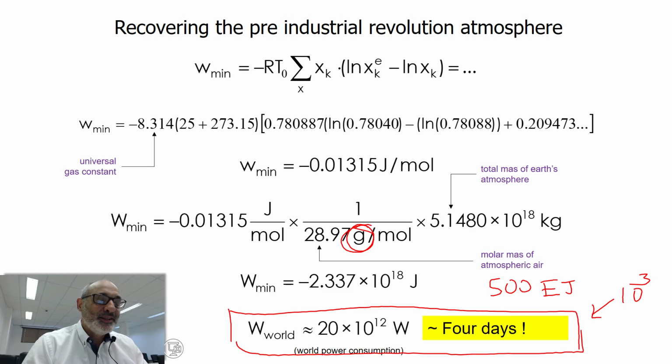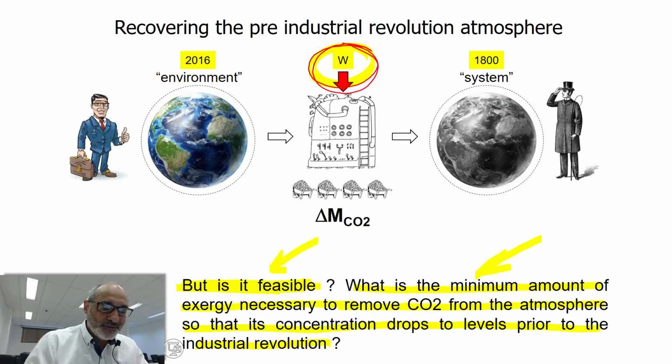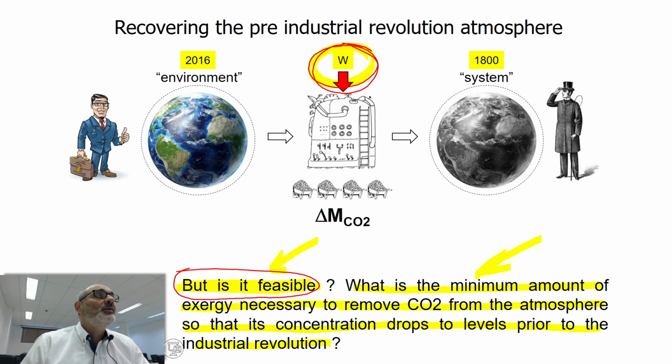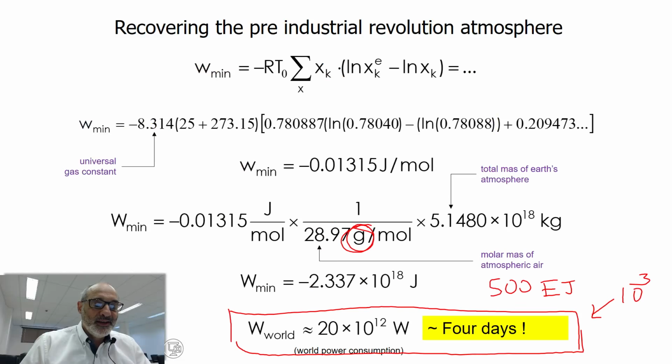It's a huge difference, but at least this first question here, I think it's okay. It is really feasible. You don't have to wait 1 billion years for this, when you compare our annual energy consumption.